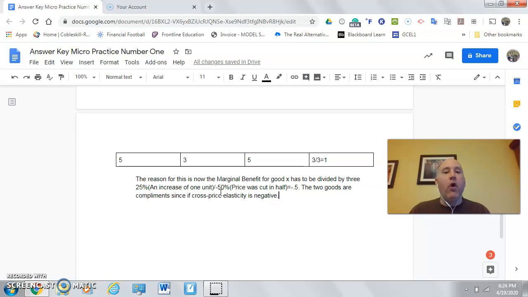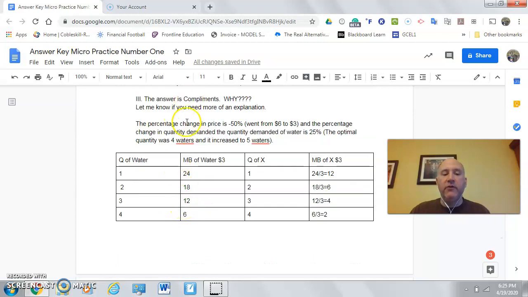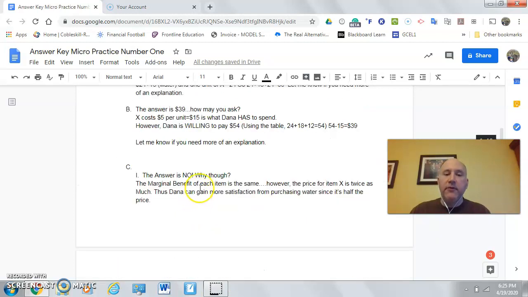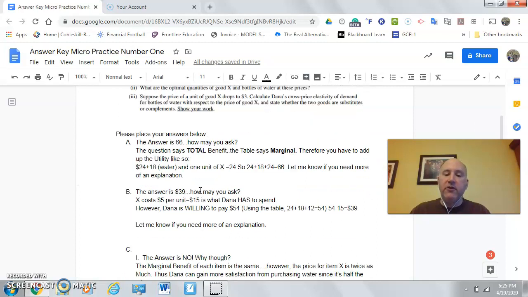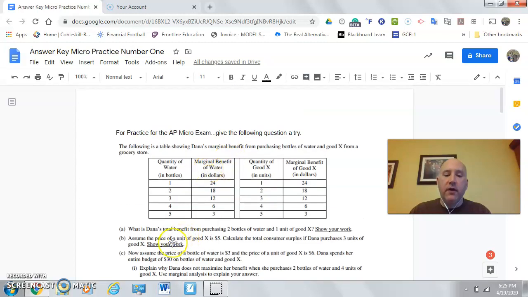But once again, also in this one, you may lose points, let's say if this was the actual one, on this last one. But these first couple questions, everybody should have got right. You just got to follow the directions, okay? Realize it says total benefit in the question, total benefit, but marginal benefit, and that doesn't match, okay?